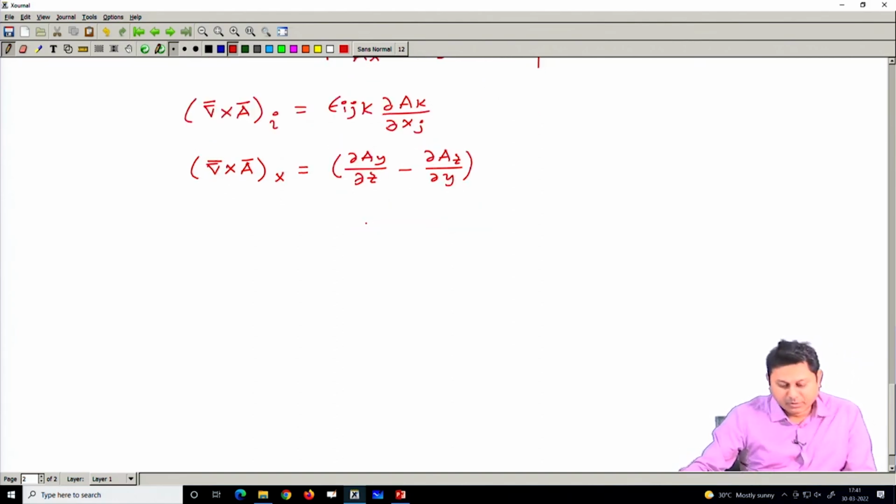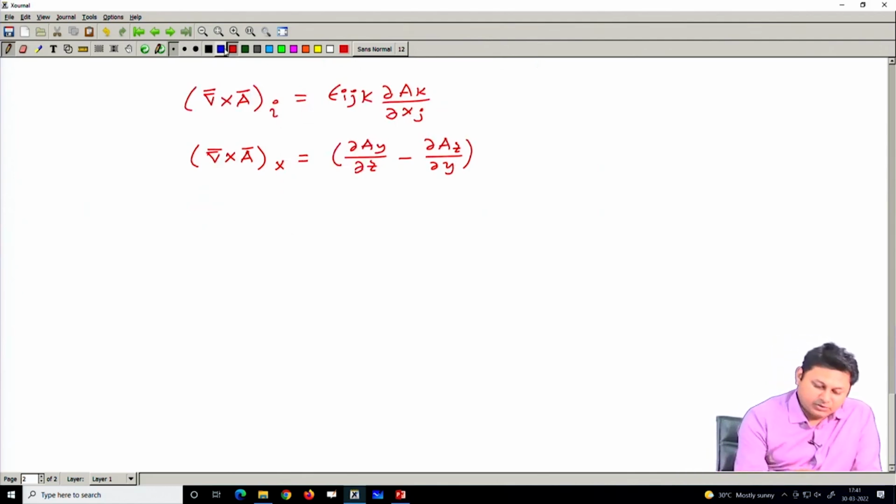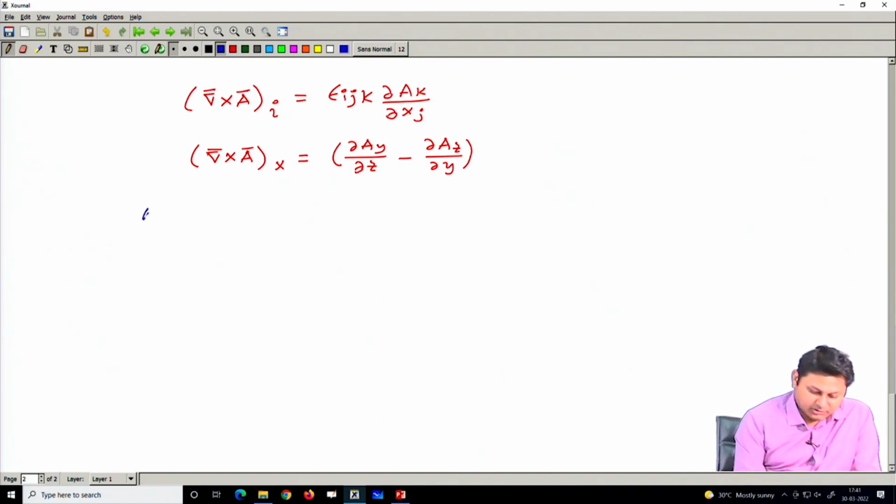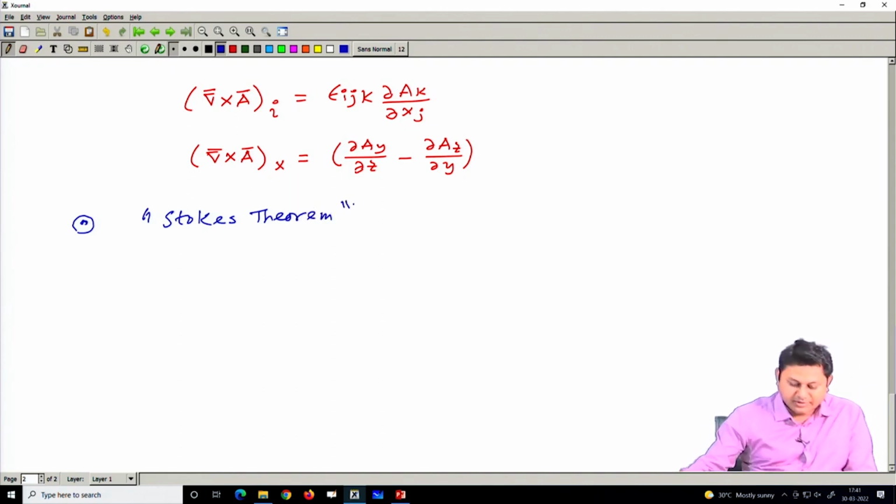this. Also, there is a very important theorem that is associated with this curl stuff, and that is the Stokes theorem. What is the statement of the Stokes theorem?